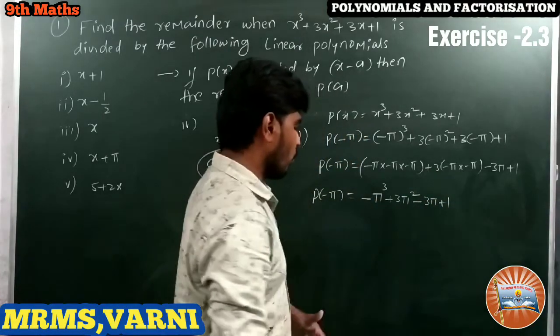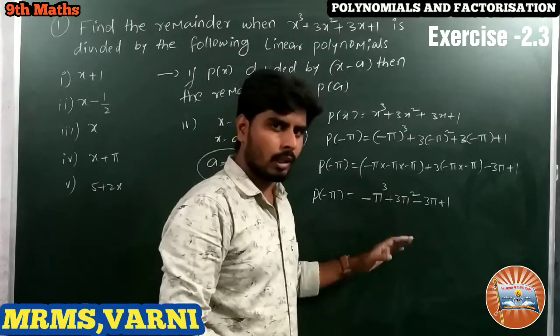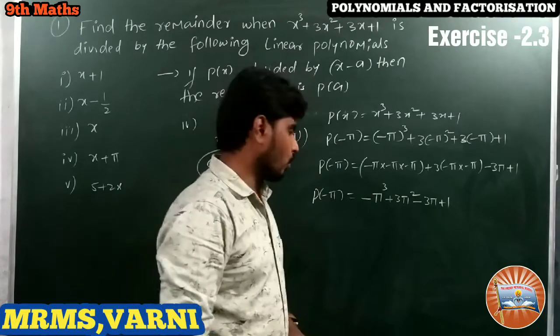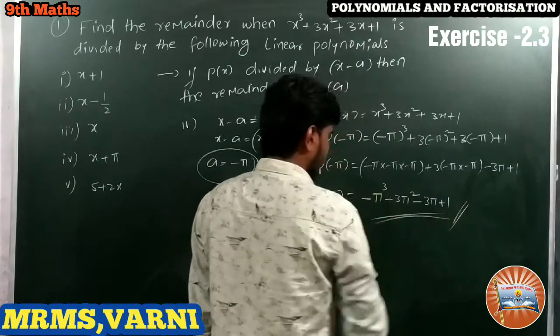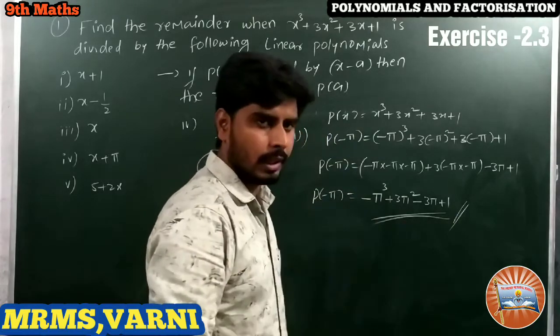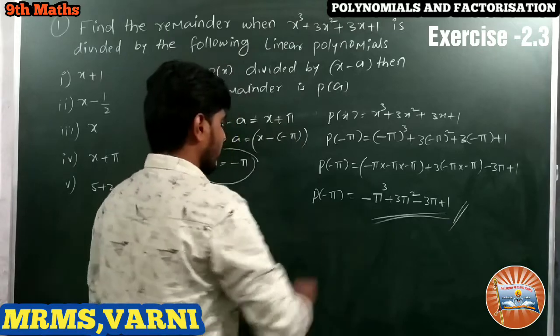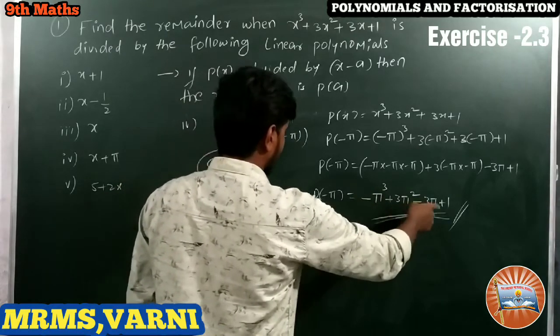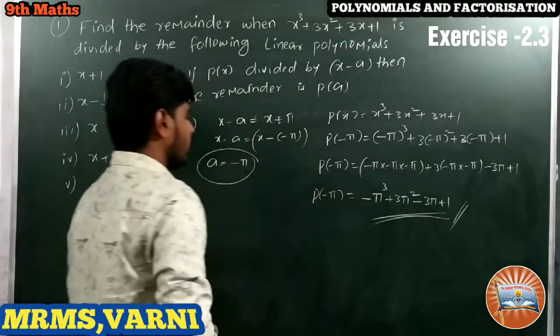We know that the pi value is 3.14 or 22/7. So this is enough to show here. This is the remainder, only for simplification. So stop here. The remainder is minus pi cube plus 3 pi square minus 3 pi plus 1. It is nothing but a number.